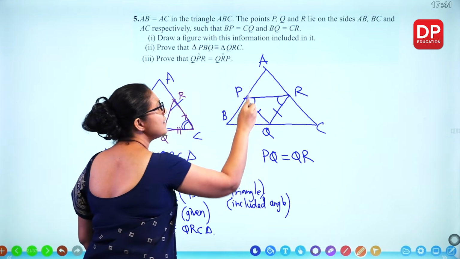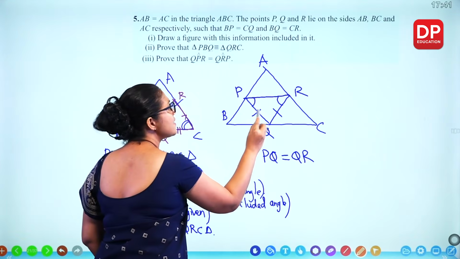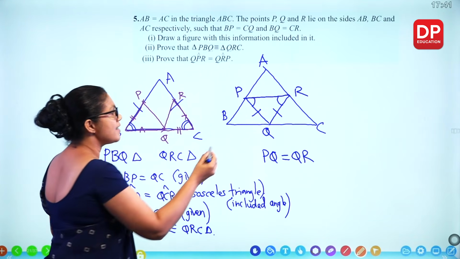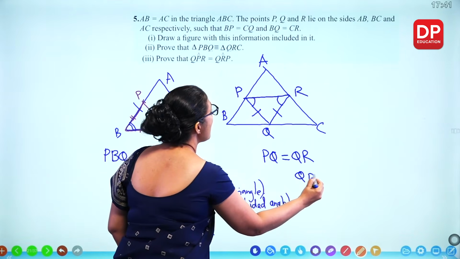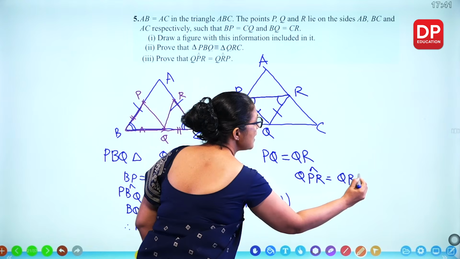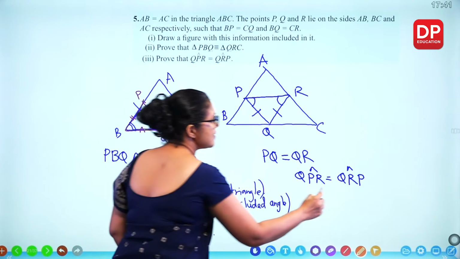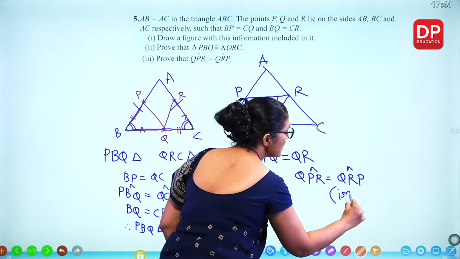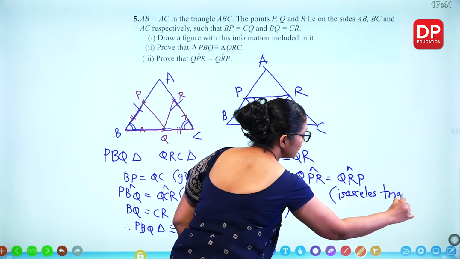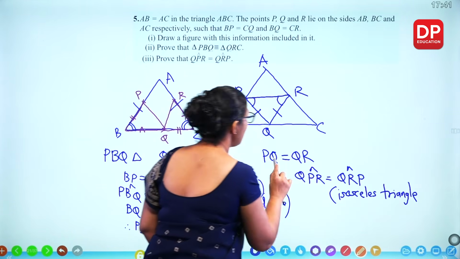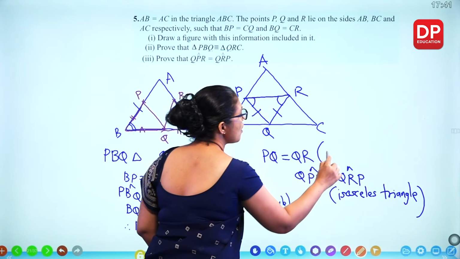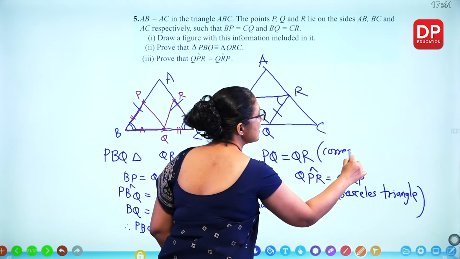So when you look at this diagram, this side is equal to this side, which means we can definitely write down QPR angle is equal to QRP. What's the reason? This is an isosceles triangle. So here you have to write down the reason for this. This is because of corresponding elements.